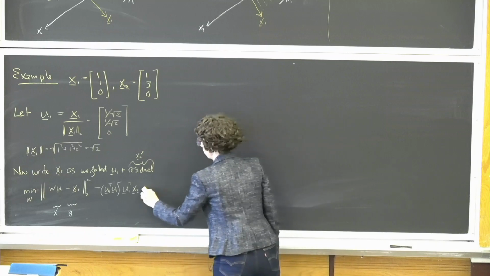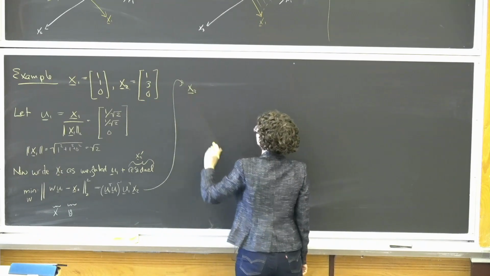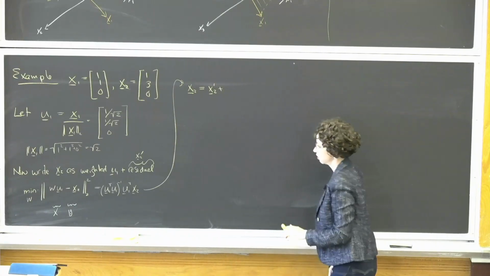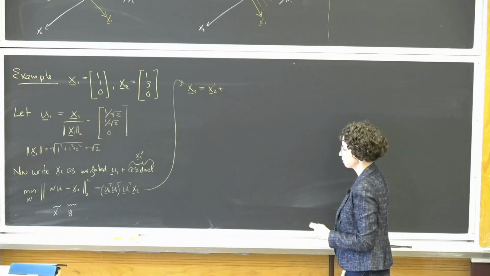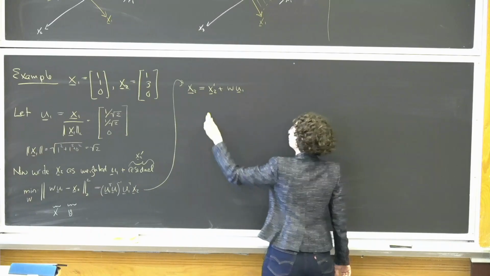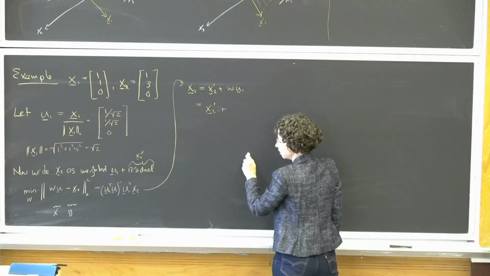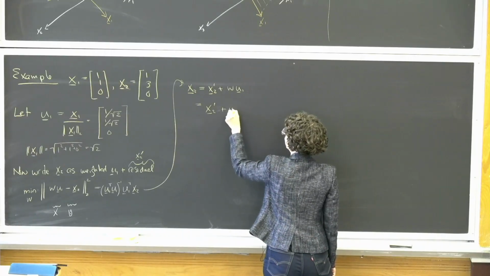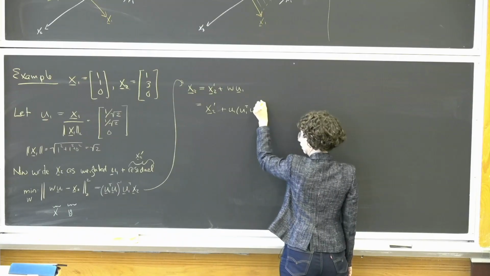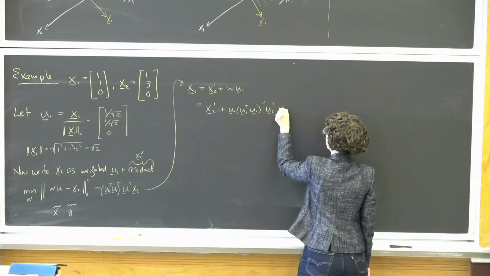And so now if we were to try to write our x2 as this residual x2 prime plus our weighted u1, we are going to have our weight times u1. And if we spell that out, what we get is u1 times u1 transpose u1 inverse u1 transpose times x2.